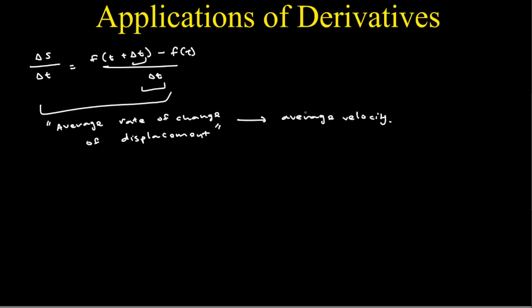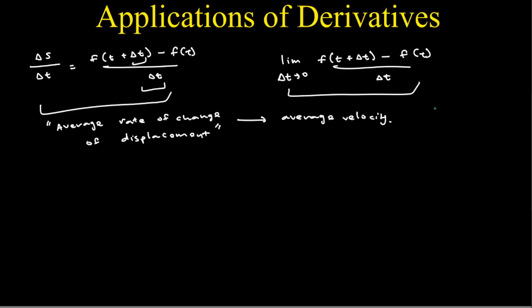And that essentially means we have to find the limit as delta t goes to 0 of f of t plus delta t minus f of t divided by delta t, right? And what does this become? This just defines the derivative of the displacement function.